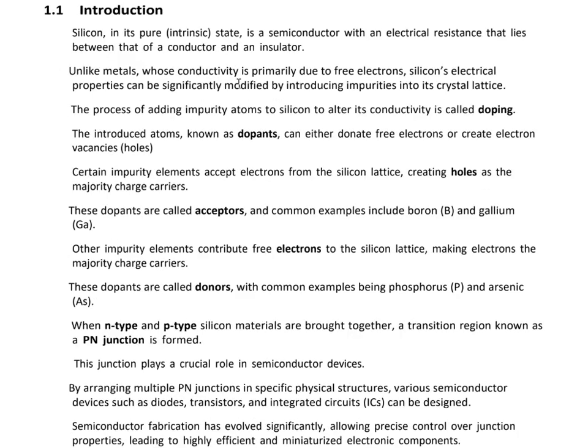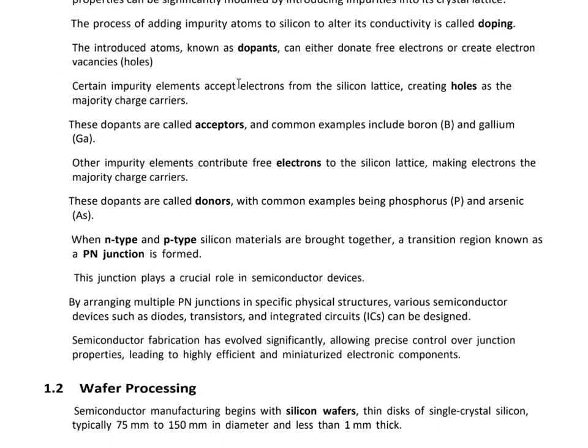The process of adding impurities or atoms to silicon is called doping. The introduced atoms are known as dopants, and they can either donate free electrons or create electron holes or vacancies. Further, the dopants are called acceptors, and examples of acceptors are boron and gallium, and examples of donors are phosphorus and arsenic.